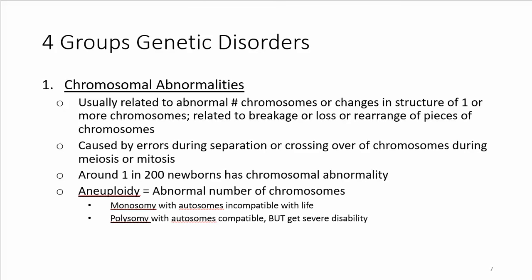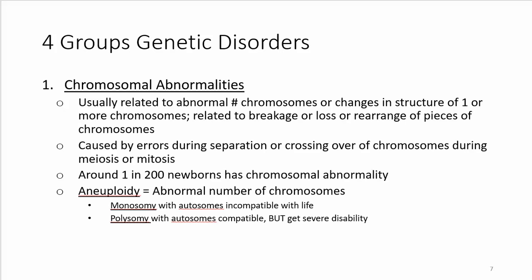So aneuploidy is when you have an abnormal number of chromosomes. The abnormal number could be too many or not enough, and we look at the pairs. Monosomy is when you only have one of the pair, and that's usually not compatible with life, especially with the autosomes, the non-sex-linked ones.